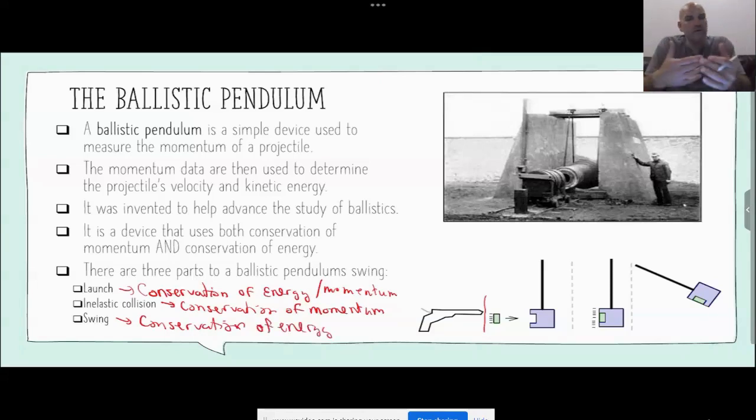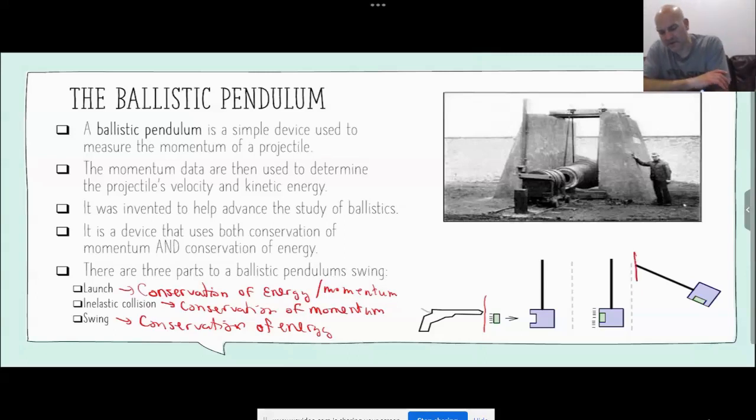There's a really cool device that's used in labs where you have a little spring-loaded part. You pull the little trigger, out shoots a ball, a sphere, embeds into a hanging device, and then it swings up. As it starts to lose energy and swings back, there's a little hook that catches.